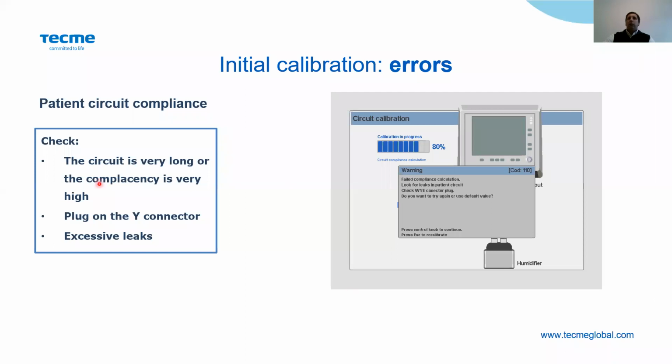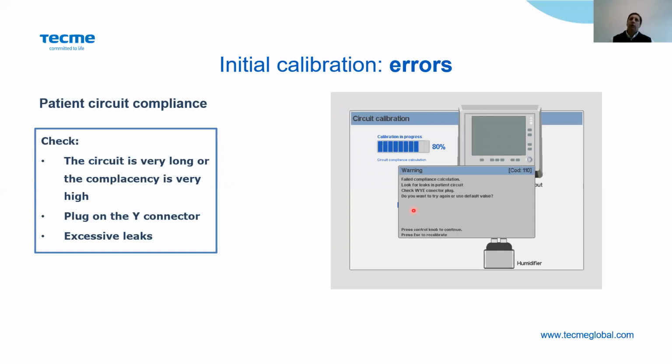If the patient circuit is not good enough, is too long or too old and the compliance has changed and is very high, or if there is leakage, we will find a warning like this one. If during the initial test you find leakage, you will probably get this warning. So you will have a warning of leakage and then a warning that the measurement of compliance failed.